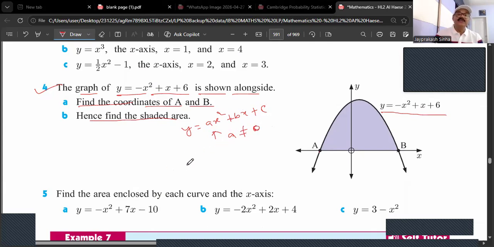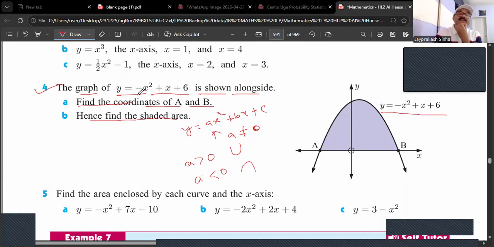That is fine. So if a is greater than 0, means if a is positive, then the nature of the graph will be concave upward. If a is less than 0, means if a is negative, then the nature of the graph will be concave downward.